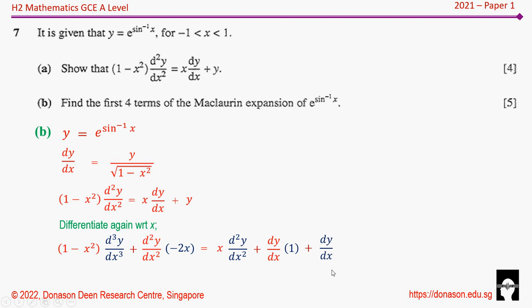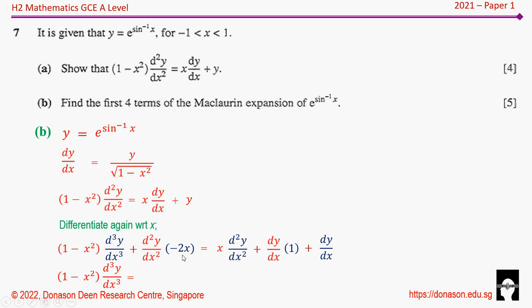So if you look at this, we have the third derivative, second derivative, as well as the first derivative in this expression, so we could simplify them. There's a dy dx here, there's a dy dx, which I can combine and write as 2 dy dx. So 1 minus x square d cube y dx cube. There is a minus 2x d2y dx square. Let's throw it over the right side.